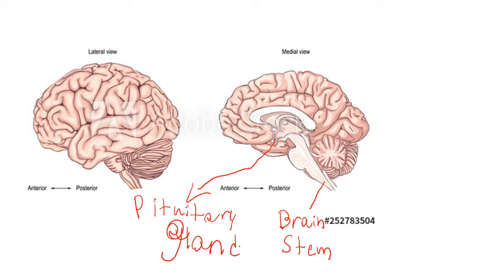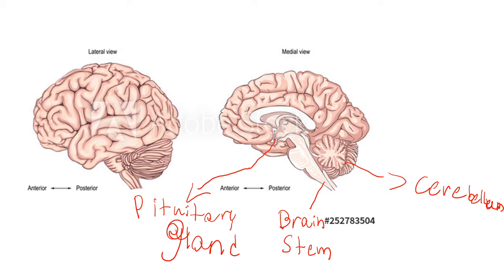And we're going to go over the meanings in a second, but I just want to get down to the parts of the brain in medial view. We know this is just the cerebellum. We've talked about this. The cerebellum is right here, the brainstem is there, the pituitary gland is right here.